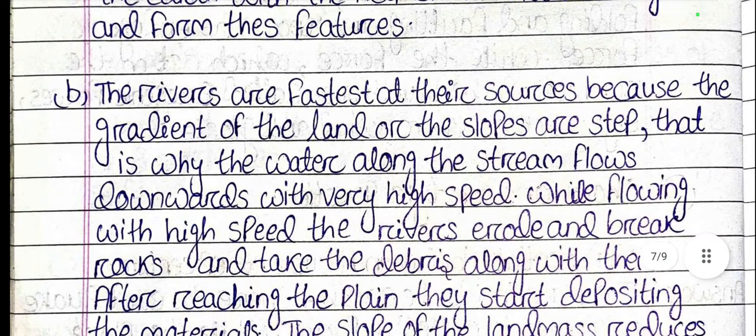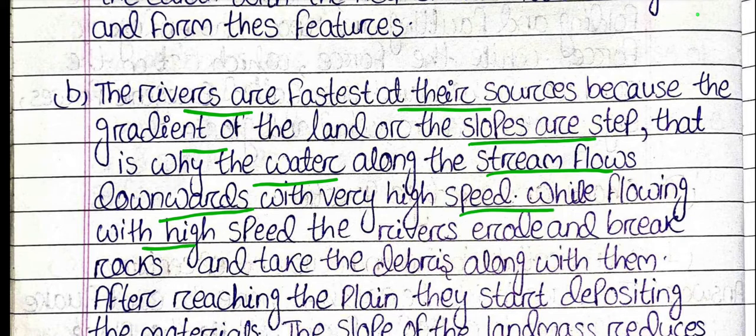Then question number B. The rivers are fastest at their sources because the gradient of the land or the slope is steep. That is why the water along the stream flows downwards with very high speed. While flowing with high speed, the river erodes and breaks rocks and takes the debris along with it.